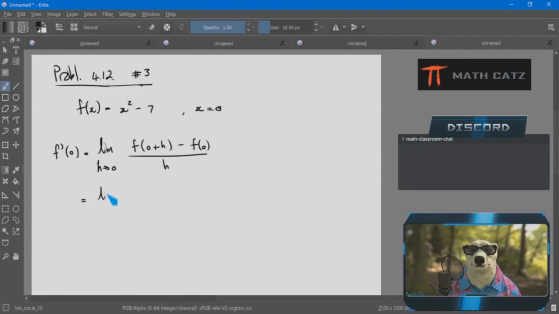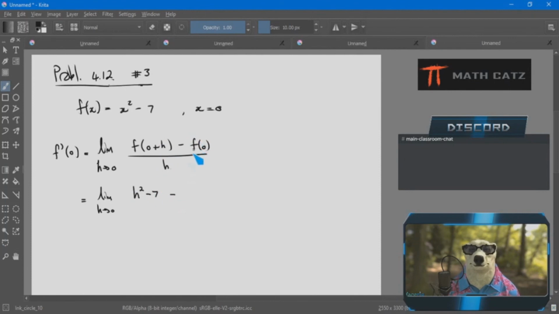Now I have to look at this limit. Well, I'm going to divide by 0. So let me first see what happens when I plug in the function here. So I have 0 plus h, so that's just the same as h. So f of h is h squared minus 7.